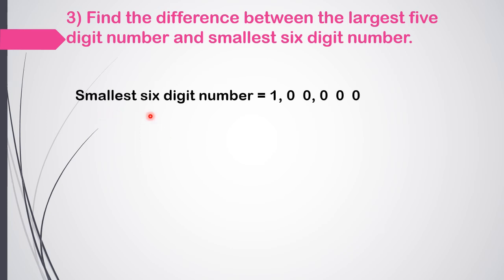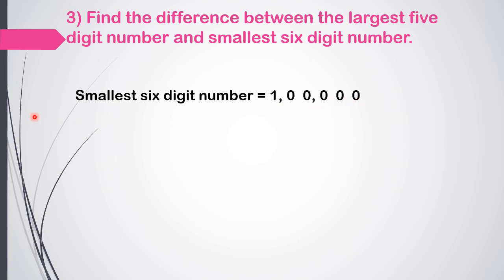Whenever they ask like smallest 6-digit number, smallest 5-digit number, you can write easily. Write 1, and the remaining digits are 0. So here there are 6 digits. The first digit is 1, then the remaining 5 digits are 0.